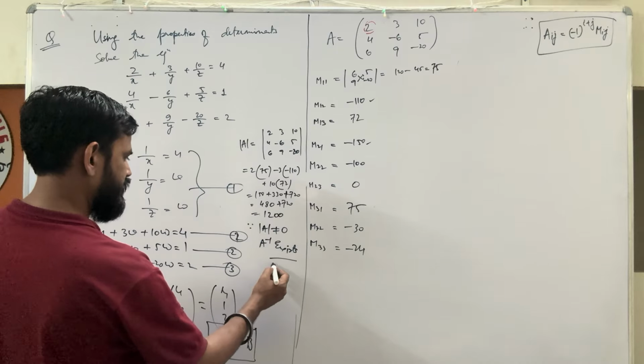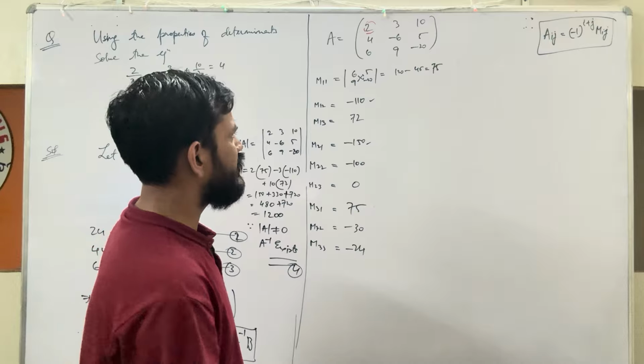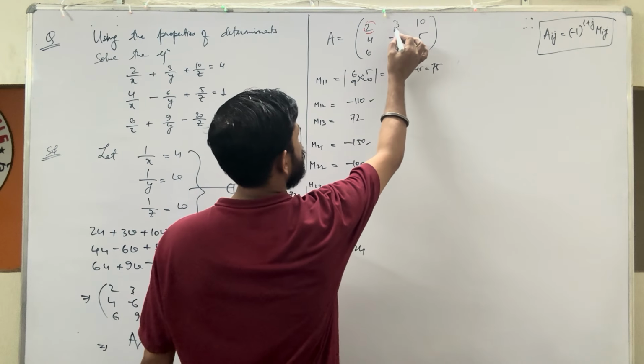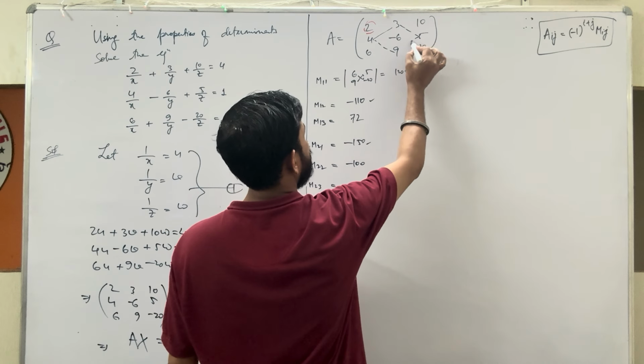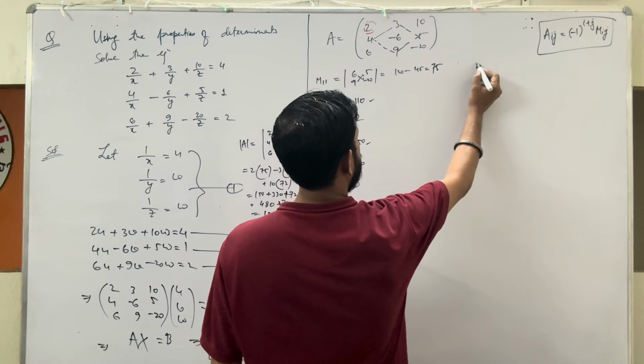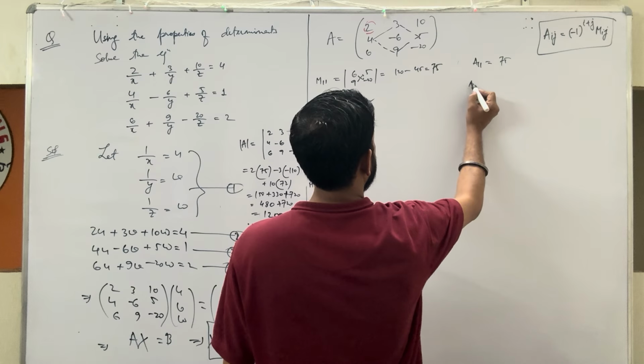So this is equation number 4. Now we find minors. So these are minors. What are cofactors? Cofactors is just this formula. So we need to choose negative of the elements that are for these diamond positions. So cofactor A11 will be same as minor, it will be 75.